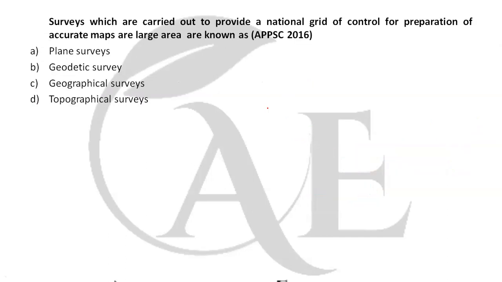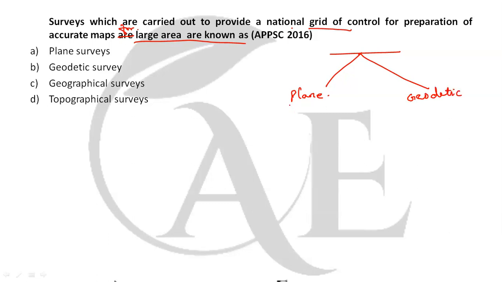Next question. Surveys which are carried out to provide a national grid of control for preparation of accurate maps for large areas are known as. There are two types of surveying: plane surveying and geodetic surveying. Plane surveying is done on an area less than 250 square kilometers.